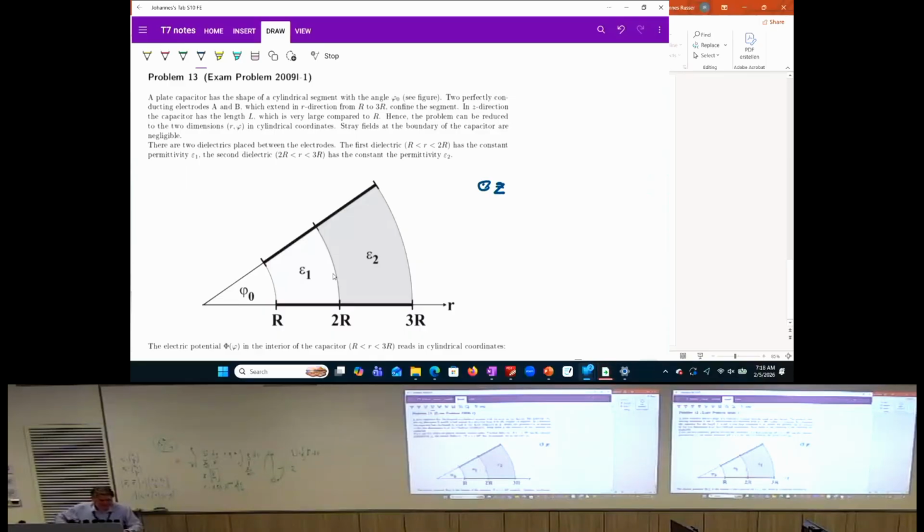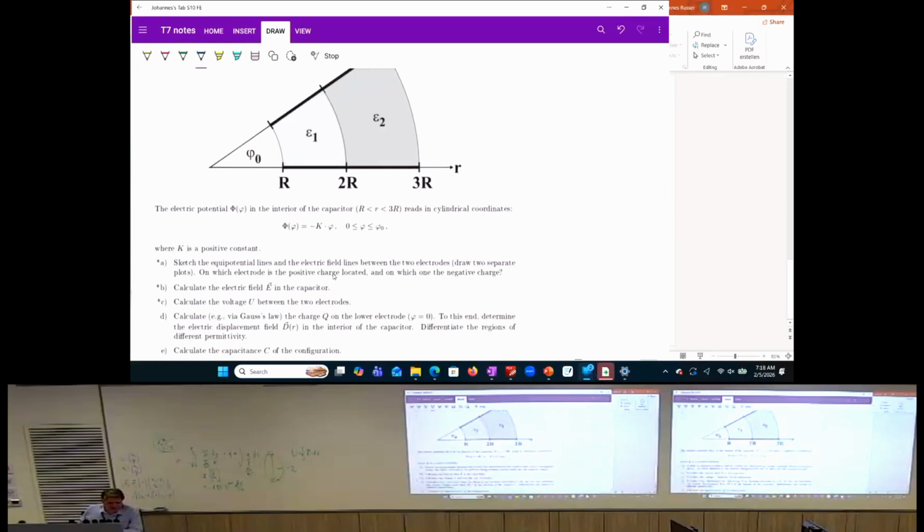Because if this plate is large, we can neglect the stray fields, and we can basically reduce this whole problem to a two-dimensional problem in cylindrical coordinates.